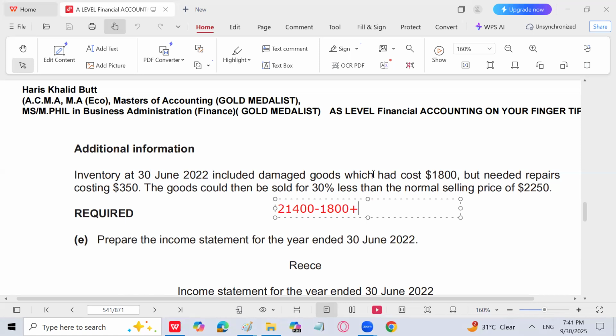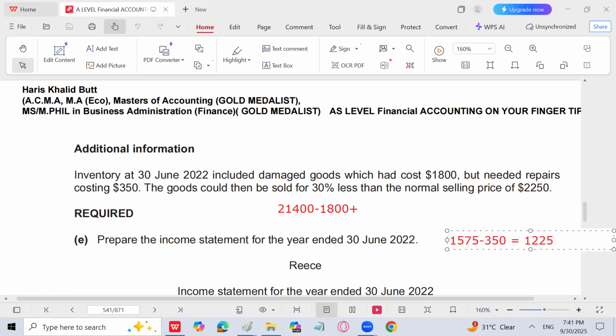So this 1800 inventory will be repaired for 350. The goods could then be sold for 30% less than the normal selling price of 2250. So 2250 into 70%, because we are selling it at 30% less. So it can be sold for 1575 if we go for a repair of 350. So the NRV is going to be 1575 minus 350, that is 1225.